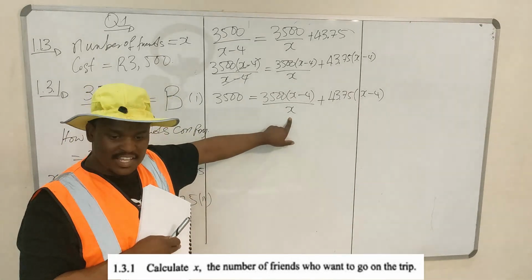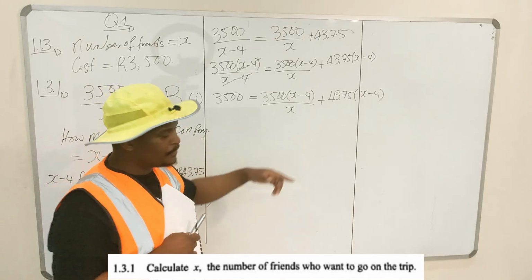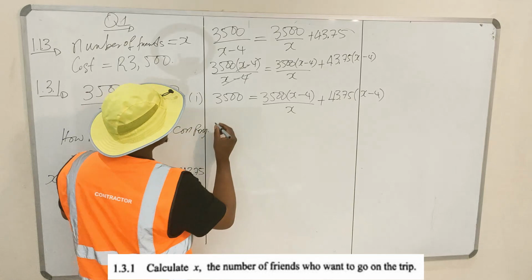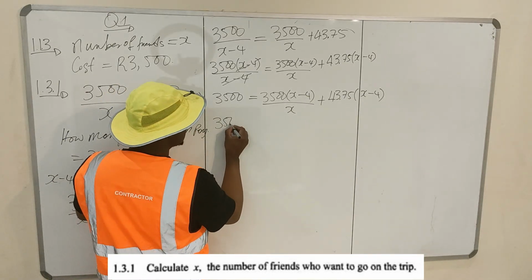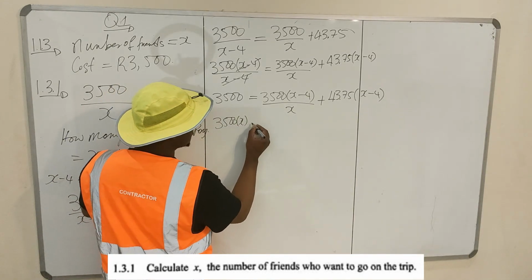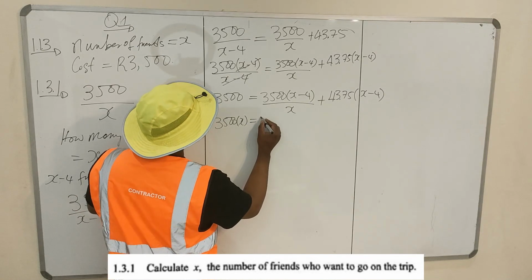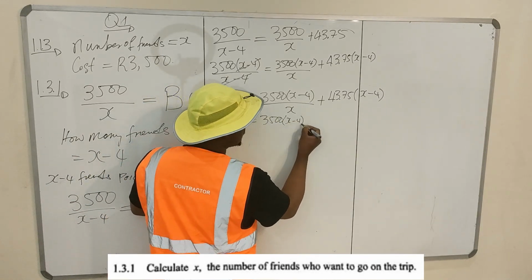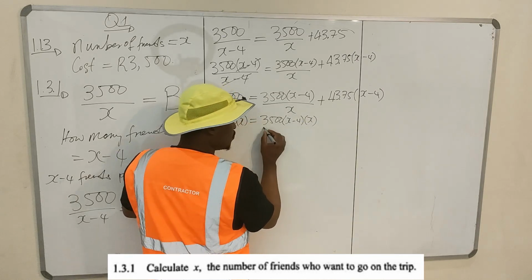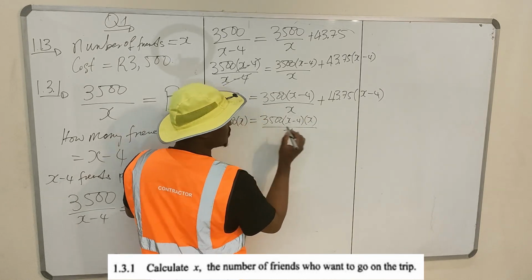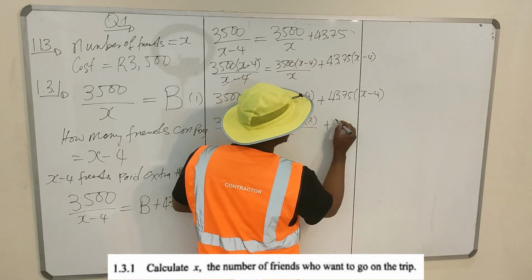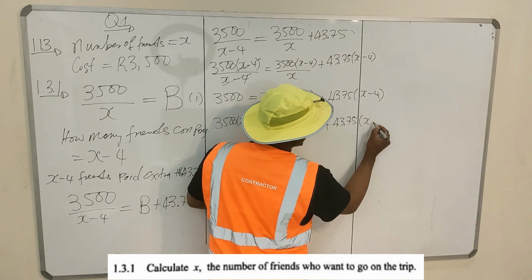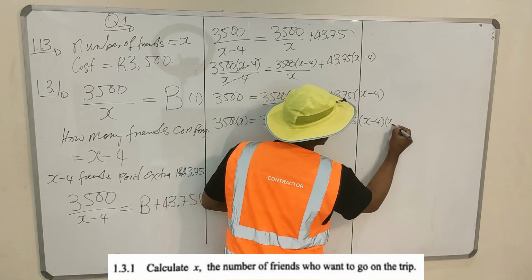We multiply to get rid of this x as well, by x all the way. So we have 3,500 times x is equal to 3,500 times x minus 4 times x, all over x, plus 43 rand 75 cents times x minus 4 times x.